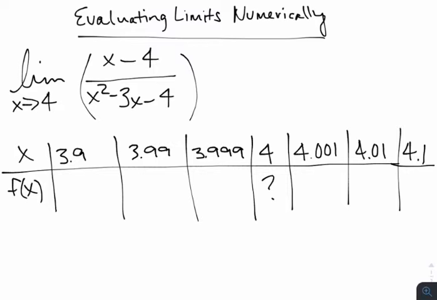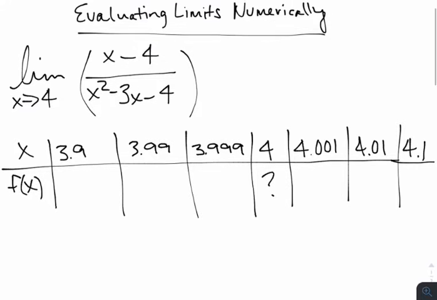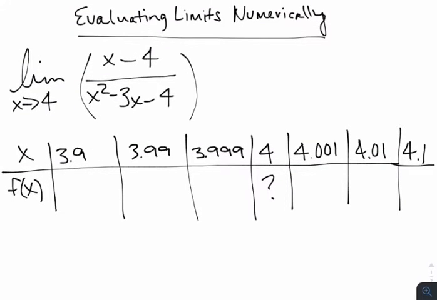So going back to this problem, we have the limit as x approaches 4 of x minus 4 over x squared minus 3x minus 4. Like I said, this is an indeterminate form, so we will have to plug in certain numbers very, very close to 4 to see what the actual limit is going to be.